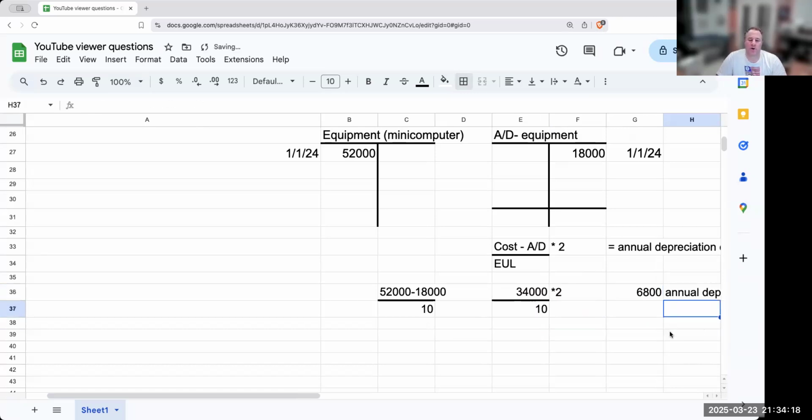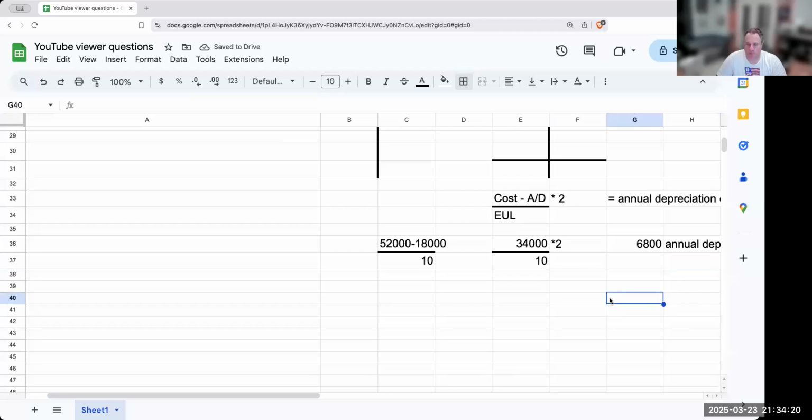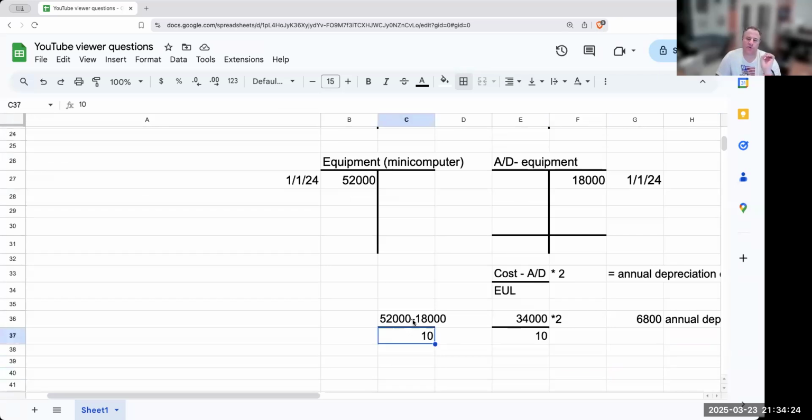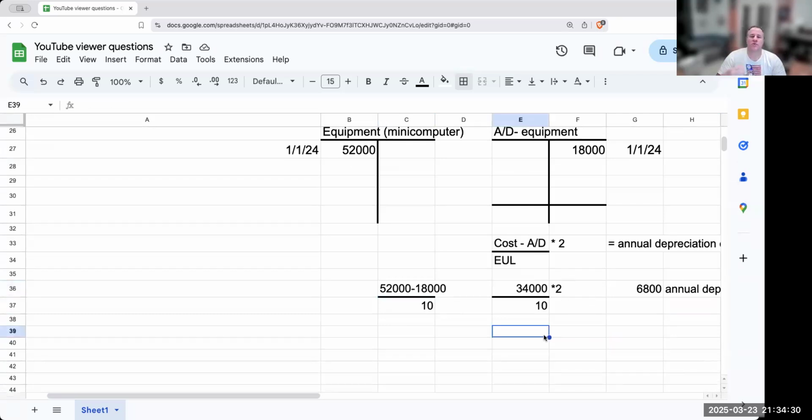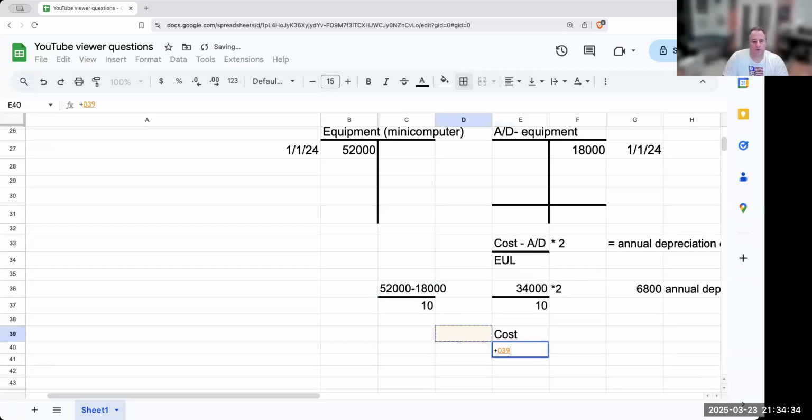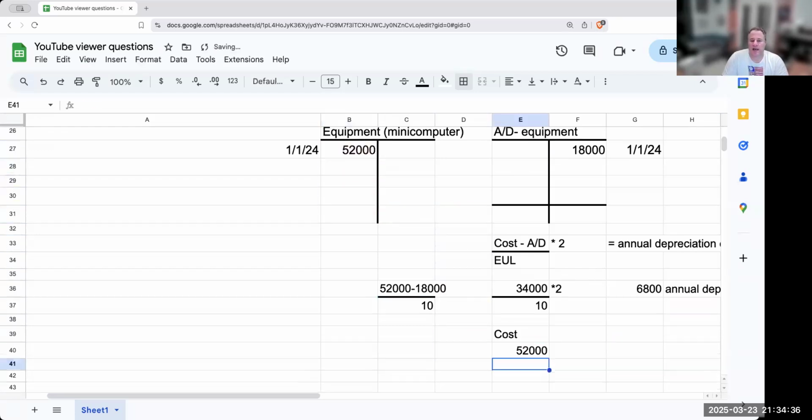Now, one of the things we also have to be very, very aware of is that when we are using double declining balance, notice there is no salvage value included in here. It's just accumulated depreciation. So the cost of the equipment over here was 52,000. My depreciation expense for 2024 was basically 6,800.